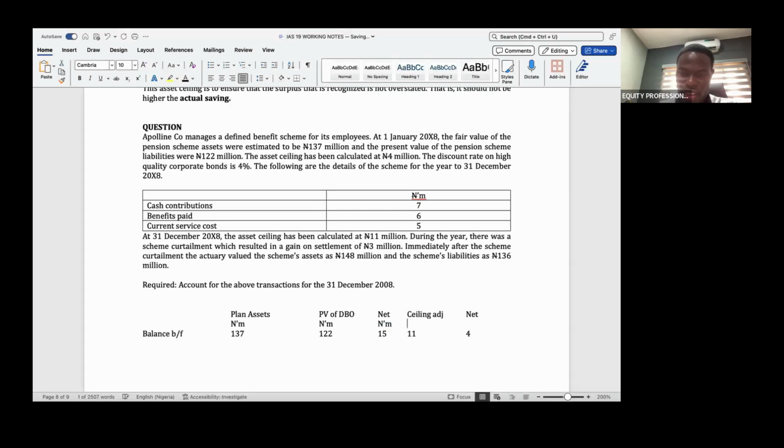That's what we're going to recognize in our books. 4 million. Why I'm doing all of this is just because of this interest. I really need the net for this interest.